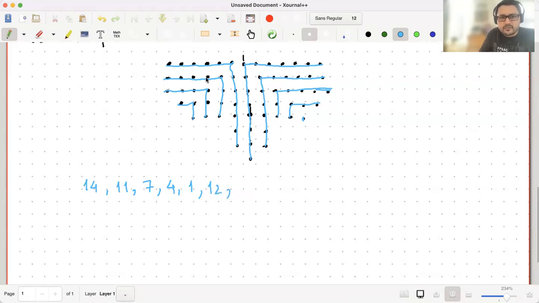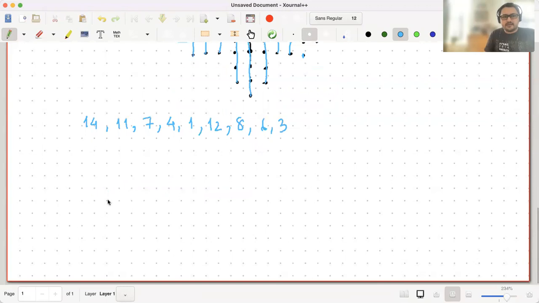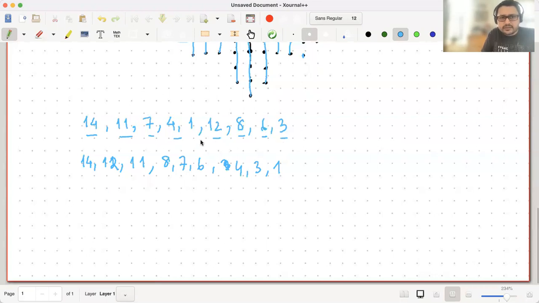Then 8 as a part, then 6 as a part and 3 as a part. If I now rearrange this in decreasing order, I have 12, 11, this is gone, this is gone, this is gone. Then I have 8, 7, 6. And then 4, 3, and 1.